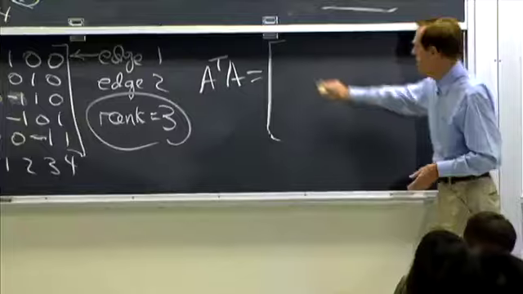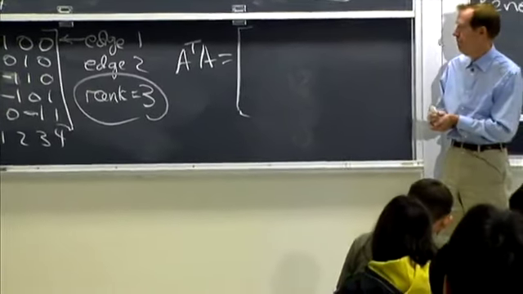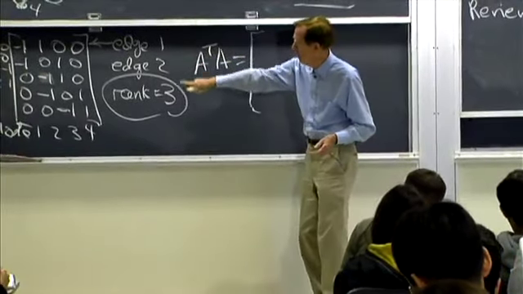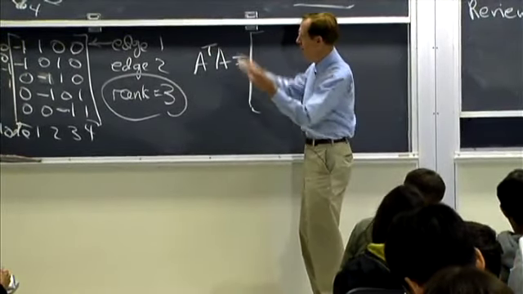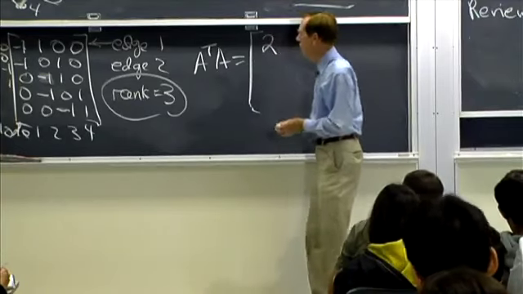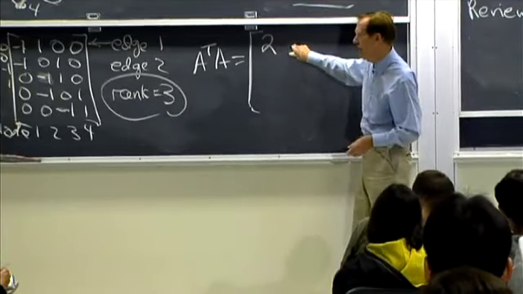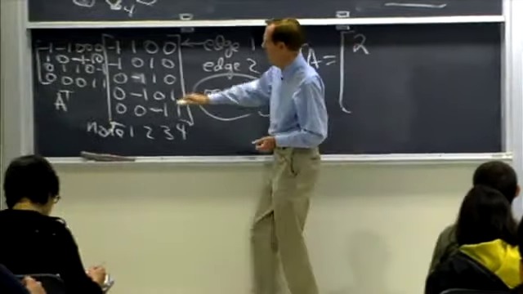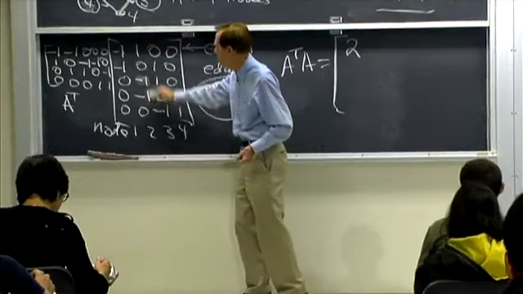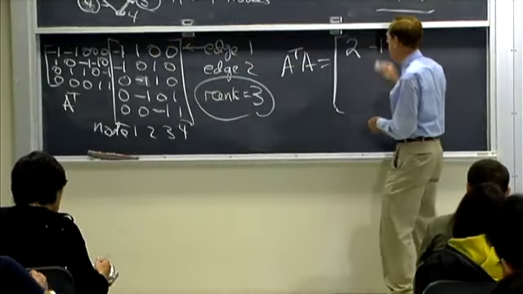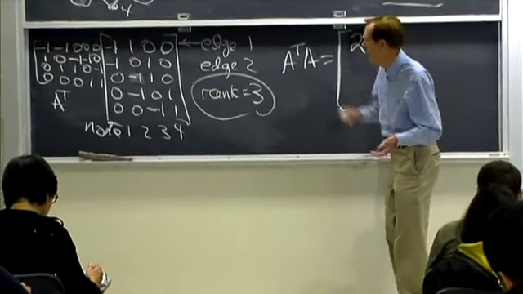And what's the first entry? 2, right? Take row 1, dotted with column 1. I get 2 1s and then a bunch of zeros, so I just get a 2. What's the next entry? Take row 1 against column 2. Can you do that in your head? The top one is going to hit a -1, and I think that's all there is.